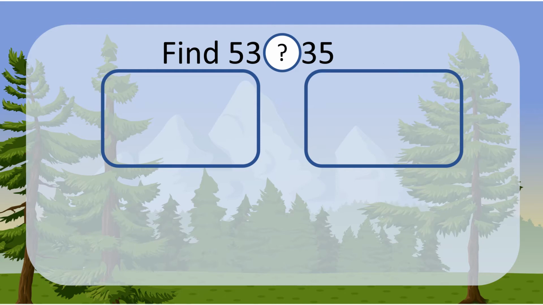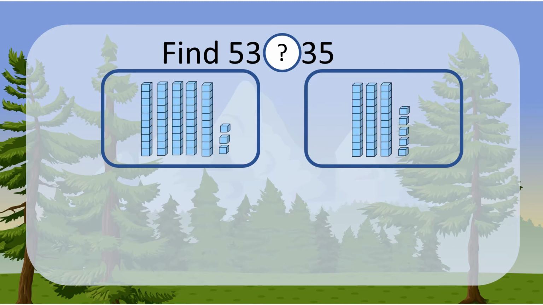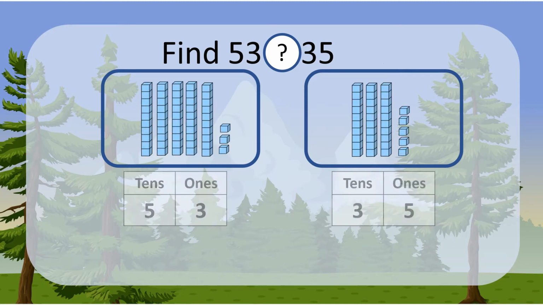Let's compare 53 and 35. When we look at the models of each number, we can see that there are 5 10s and 3 1s in 53 and 3 10s and 5 1s in 35.